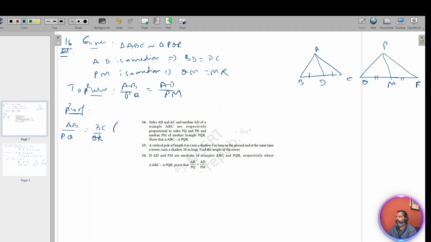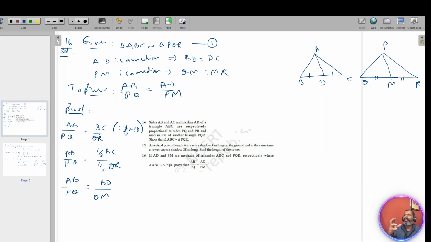Why? Because we call this 1, from 1. We'll alter the BC and QR. How? Check out. AB by PQ is equal to BC; we will make it half BC, and QR we will make half QR. Therefore, we get AB by PQ is equal to half BC, which is BD, and half QR, which is QM.